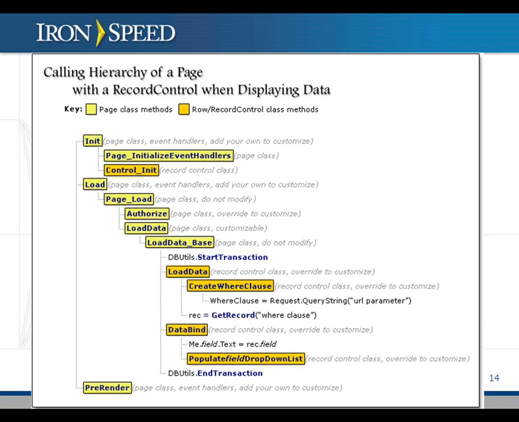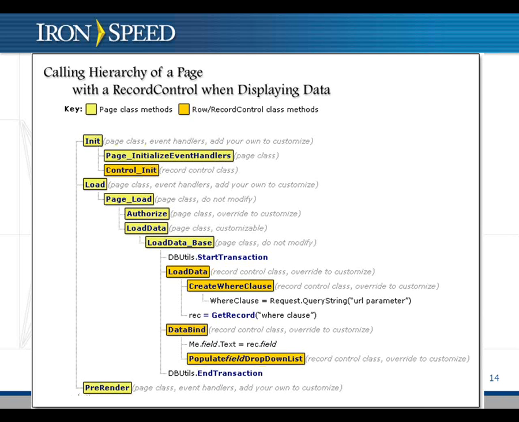All you have to do is override that method and add the code to figure out which of those countries qualify, and then the resulting record set will bind correctly. And when that's all done, IronSpeed then ends the transaction. Once that's done, control is over at the page level with load, and then the page's pre-render runs. And of course, pre-render delegates to the control, which delegates to another control, and so forth.